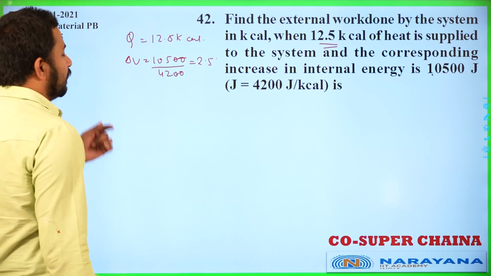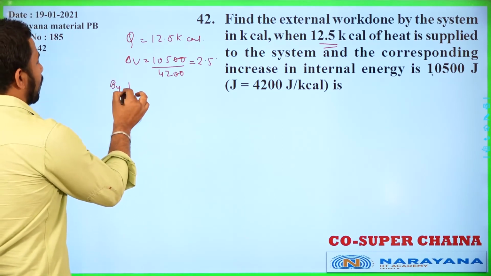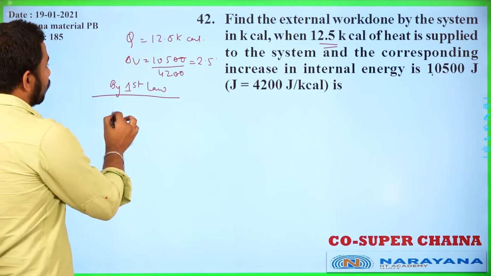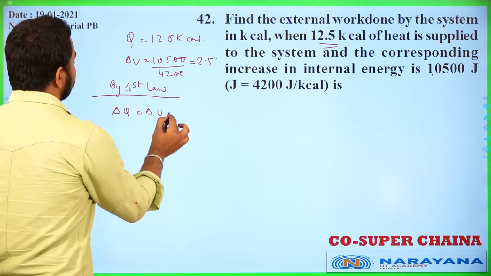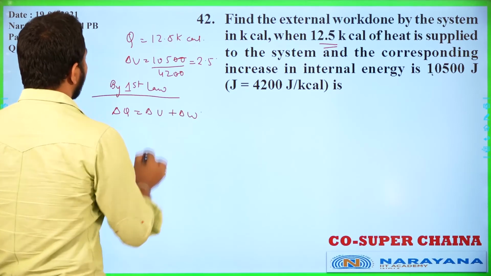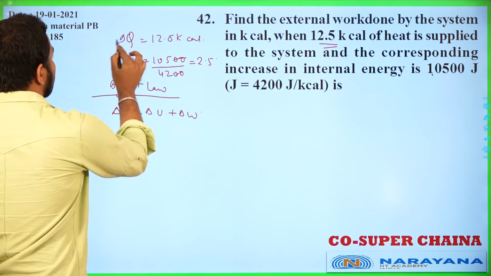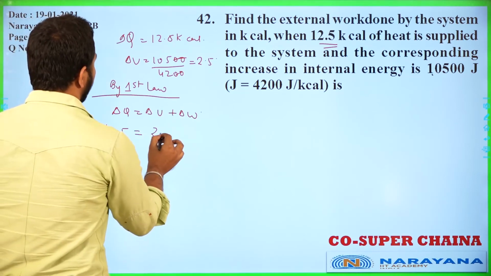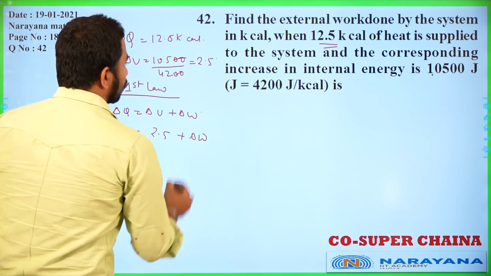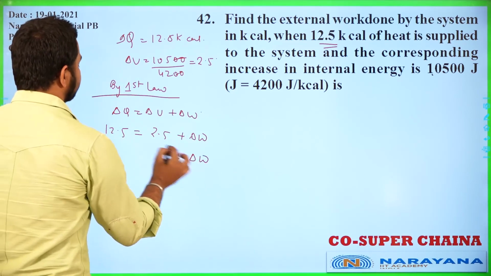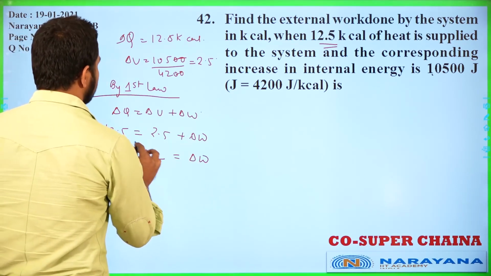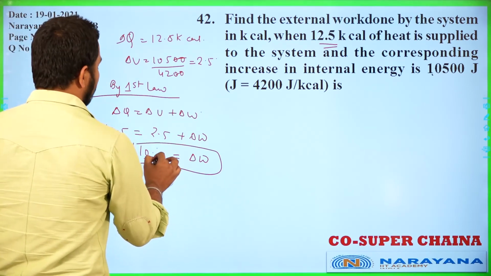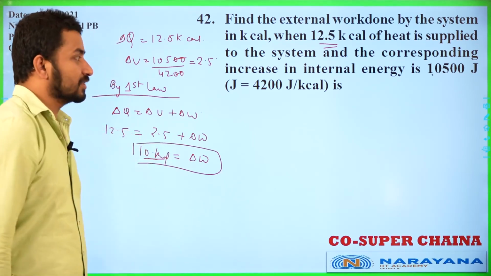By the first law of thermodynamics, student, we know delta Q is equal to delta U plus delta W. Substitute the values: delta Q is 12.5, equal to delta U 2.5 plus delta W. So delta W will be 10 point something approximately. So 10 kilocalorie will be the approximate answer for this question, right?